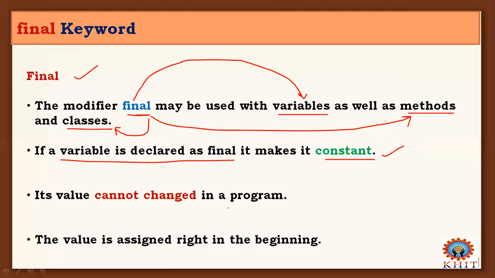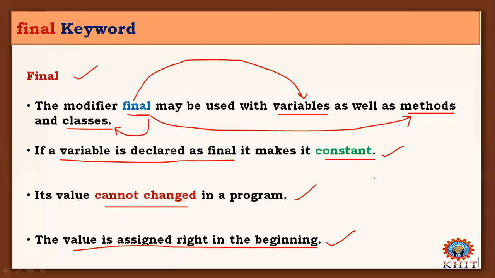That means the value of that variable cannot change during the entire program processing. When we define a variable as final, the value is always constant and cannot be changed during program execution. The value is assigned right in the beginning and is considered a constant, final value.